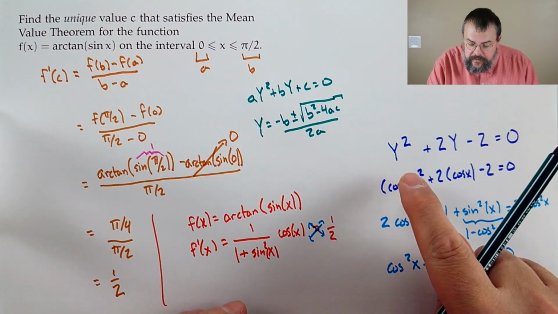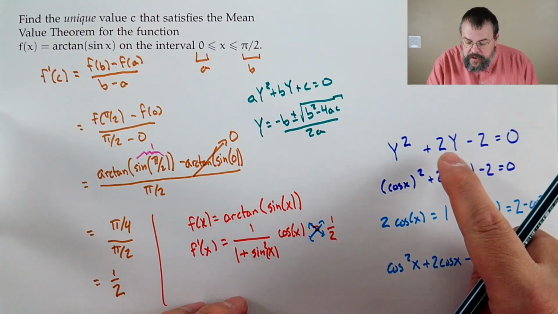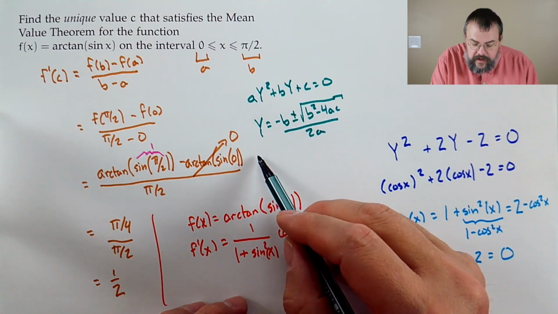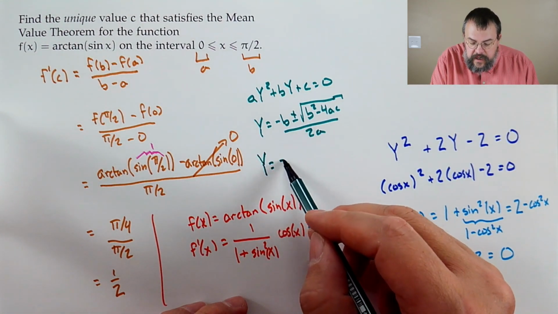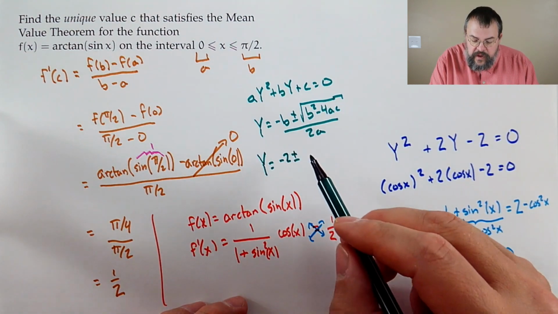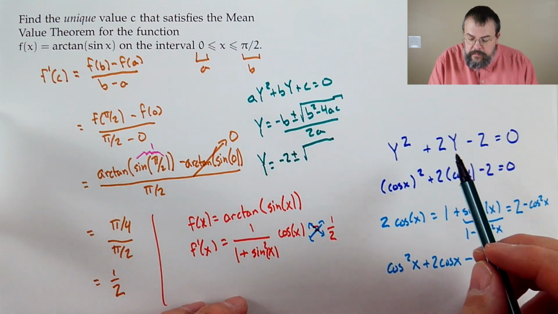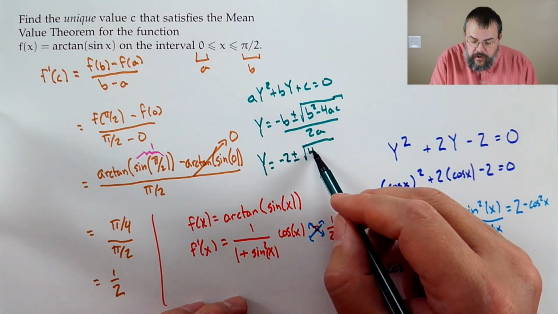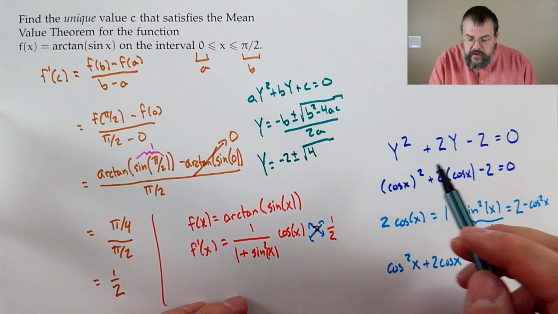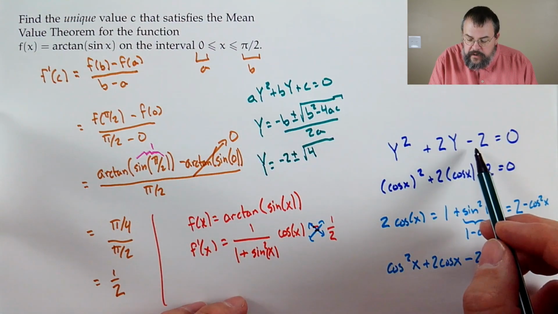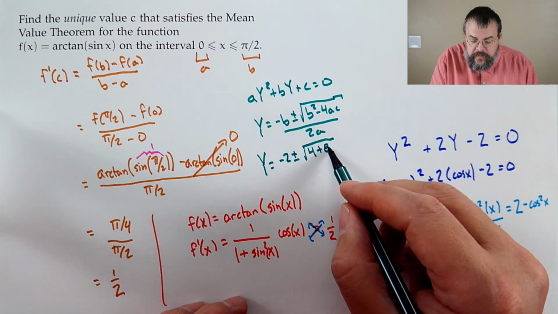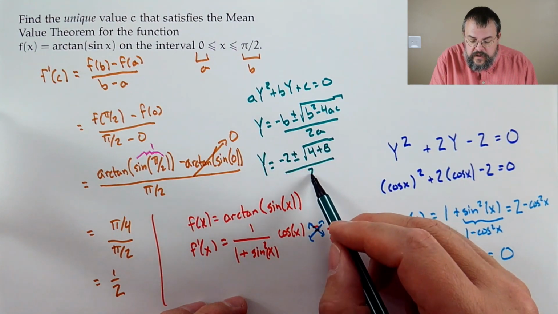Well, we have a is 1, b is 2, c is negative 2. So we're going to get that our value for y is negative 2, plus or minus the square root of b squared, which is 4, minus 4 times 1 times minus 2. So there's a minus, and then it's been multiplied by another minus, which makes it a plus 8, all over 2.